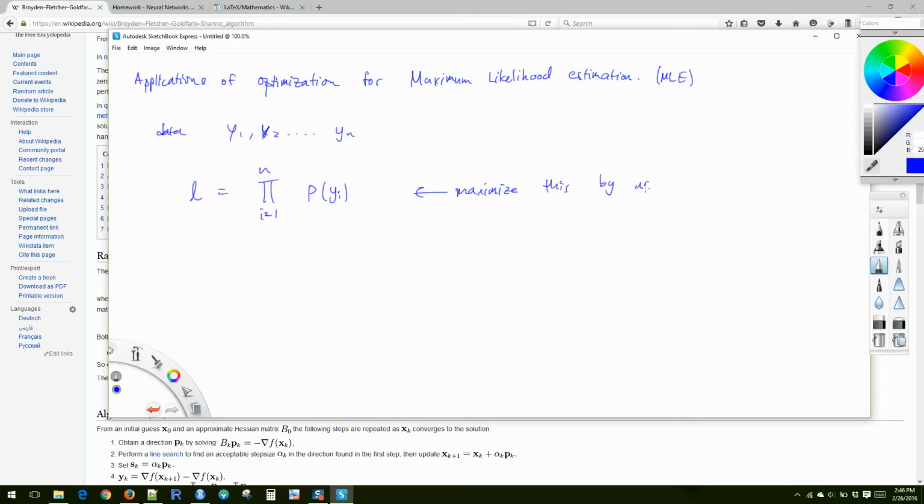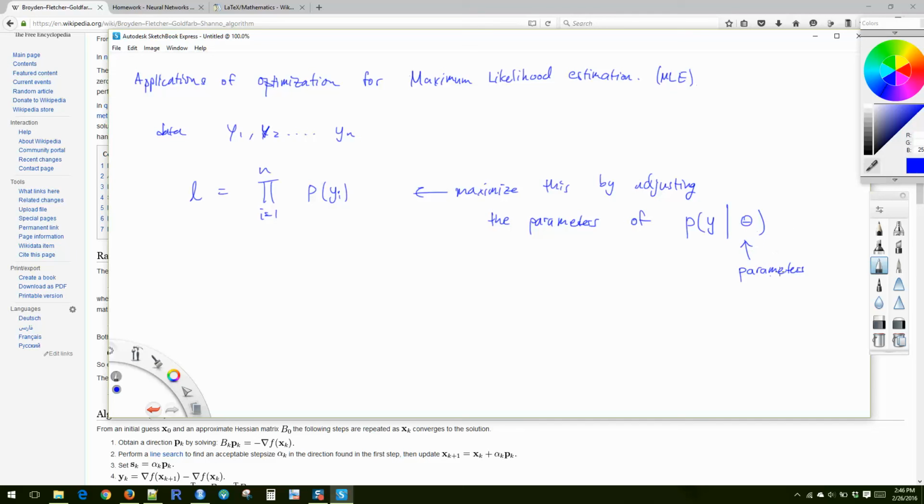By adjusting the parameters. So if you get some probability function like the normal, if y is a normal distribution, your theta will be your mean and standard deviation and things like that.